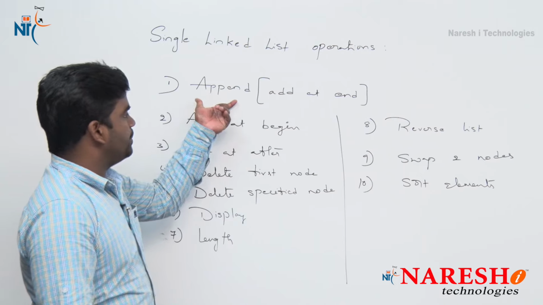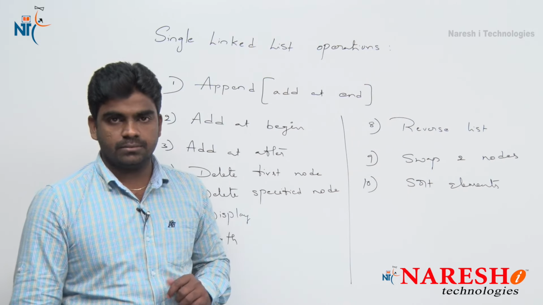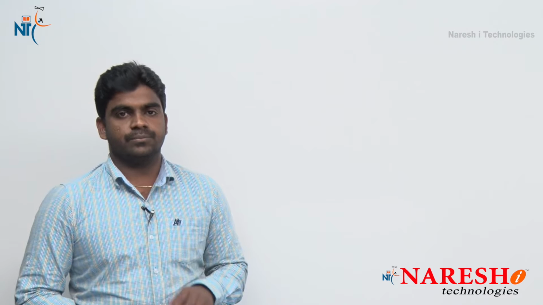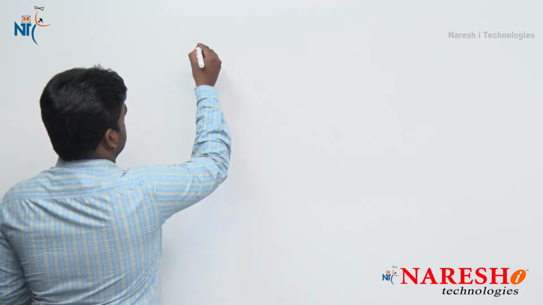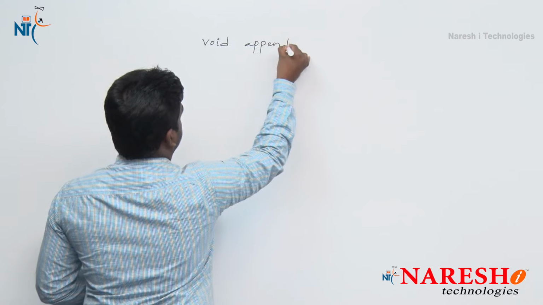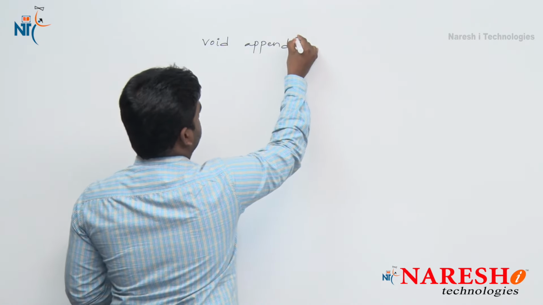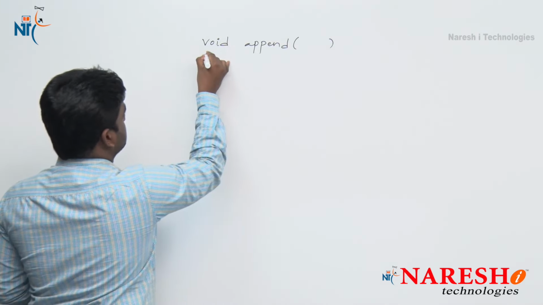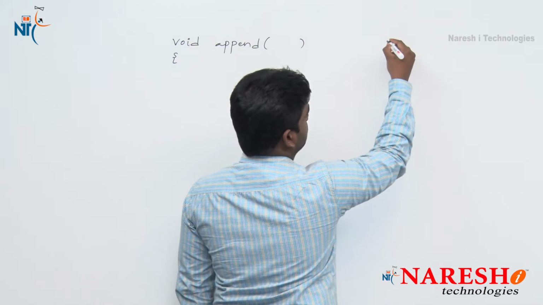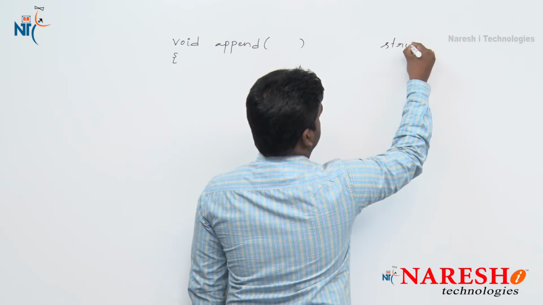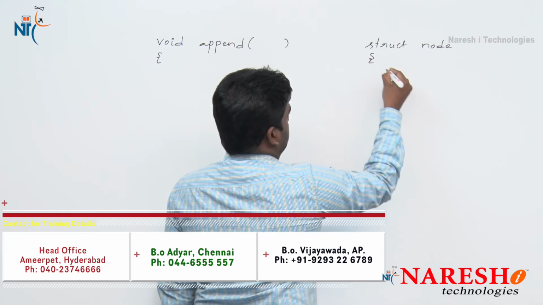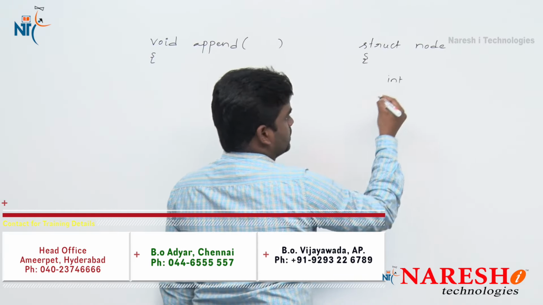First one, how to append an element to the list. See how to append elements to a linked list. So, we are writing a function append, and the list. How to declare a root variable: first, the node type is struct node in a single linked list.